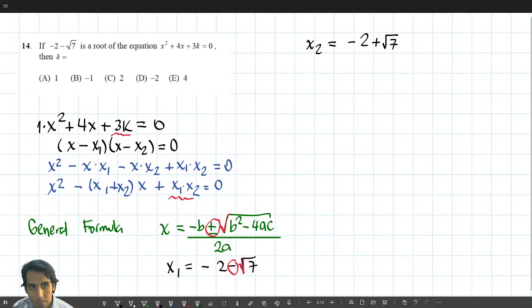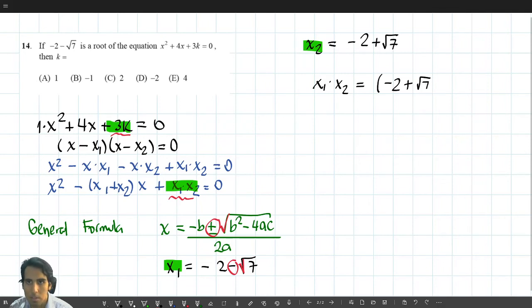So for the property here, we have that 3k equals the multiplication of the roots, and we already know the first and the second root, so we just have to multiply x1 times x2. So we have minus 2 plus square root of 7, excuse me, the roots are reversed, x1 is minus and x2 is plus.